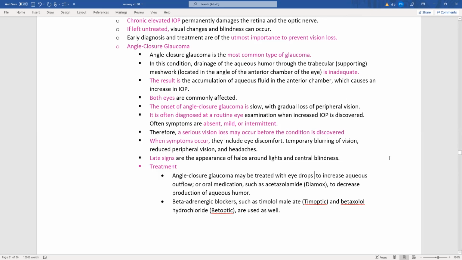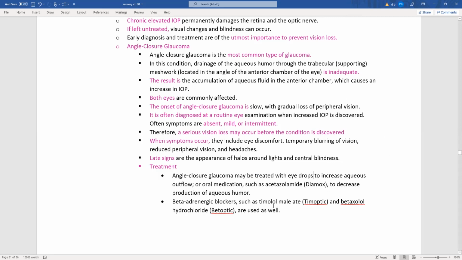It's a carbonic anhydrase inhibitor, if I'm saying it right. That's the drug classification of acetazolamide. And it makes you go to the bathroom a lot. It decreases production of aqueous humor, that's why we get it. That's why they do that.